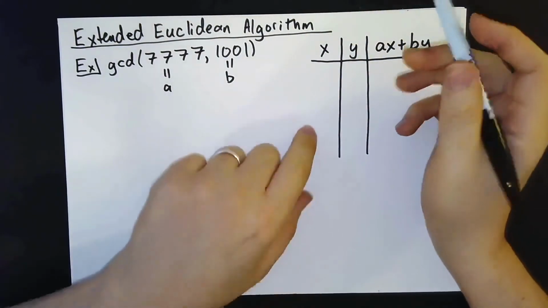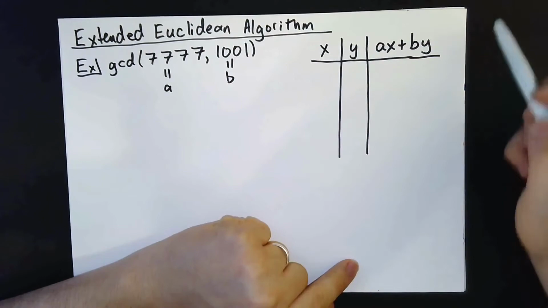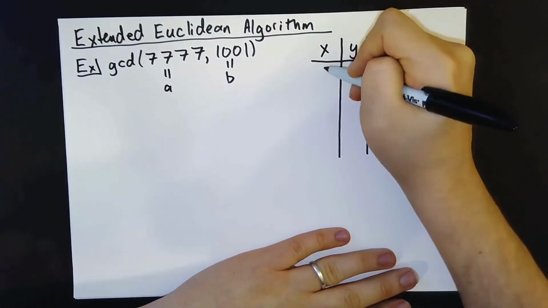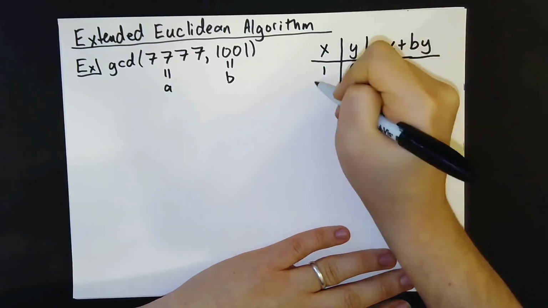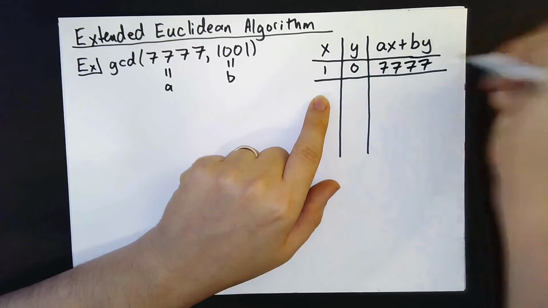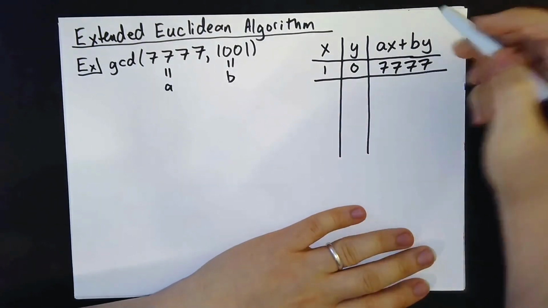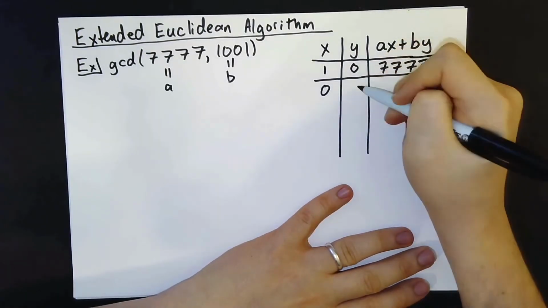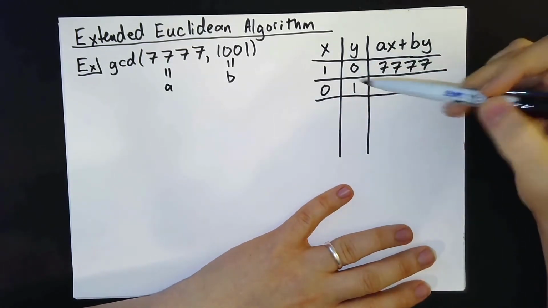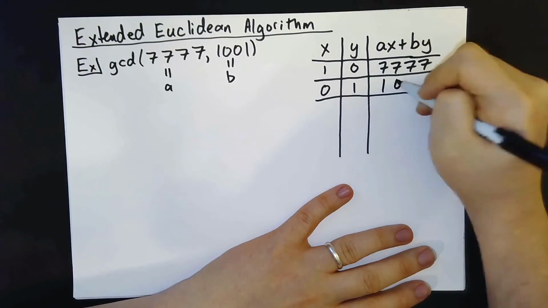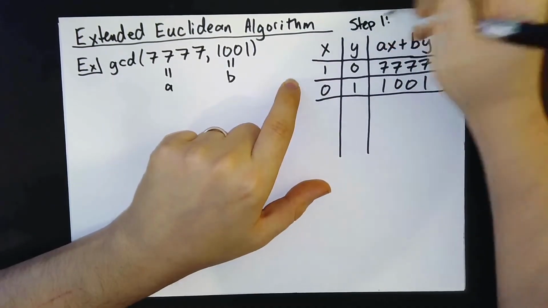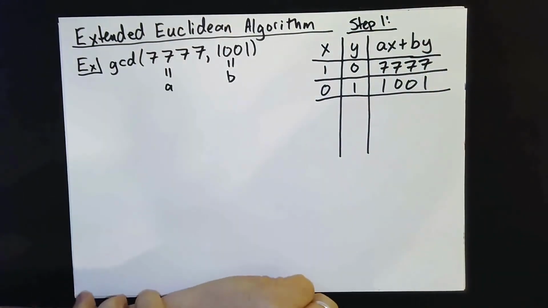So I'm going to start by noting that if I look at ax plus by, which is this thing I've kept manipulating to keep track of the GCD, and I let x be 1 and y be 0, I just get a. So I'm going to write a into this table. And if I let x be 0 and y be 1, then of course I'm going to get b, which is going to be 1,001. And so the first step of the extended Euclidean algorithm is always going to be to make this table.